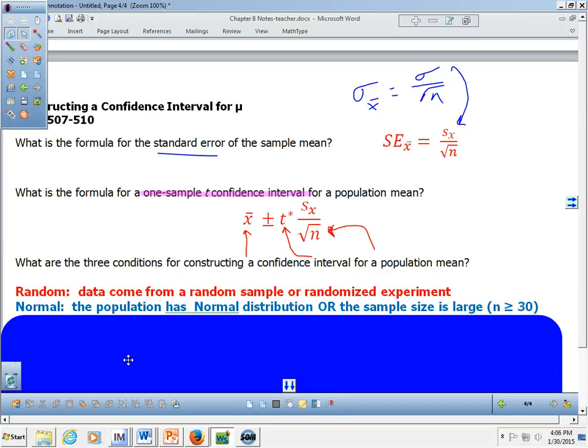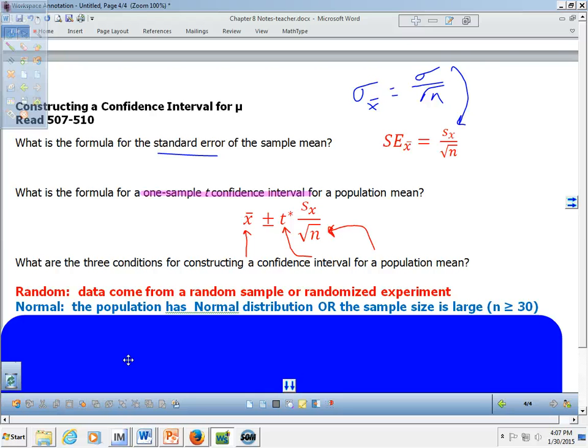Well, with means, it was different than with proportions. With proportions, we did n times p, or number of successes, number of failures bigger than 10. N times p bigger than 10, n times 1 minus p bigger than 10, where we had to use p hat if we didn't have p. For our means, if you think back to Chapter 7, sampling distributions, our sampling distribution for sample means was normal if our population was.